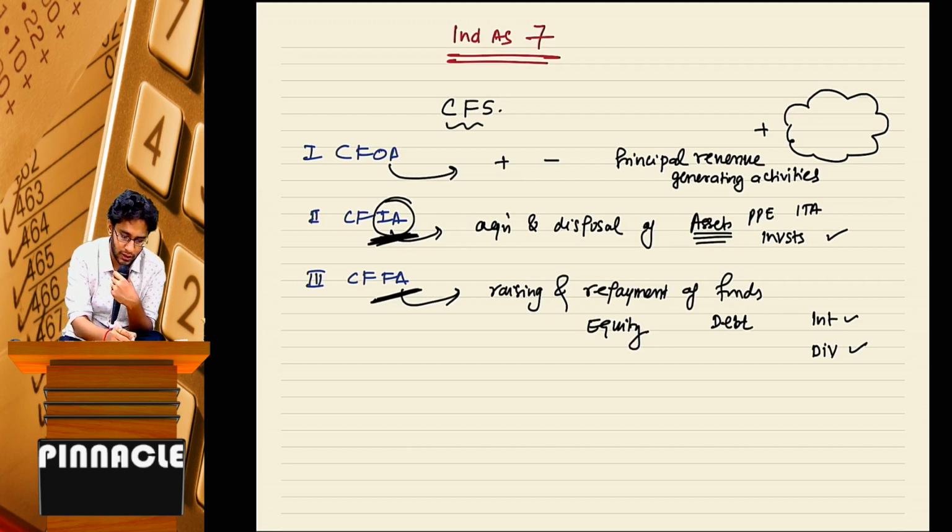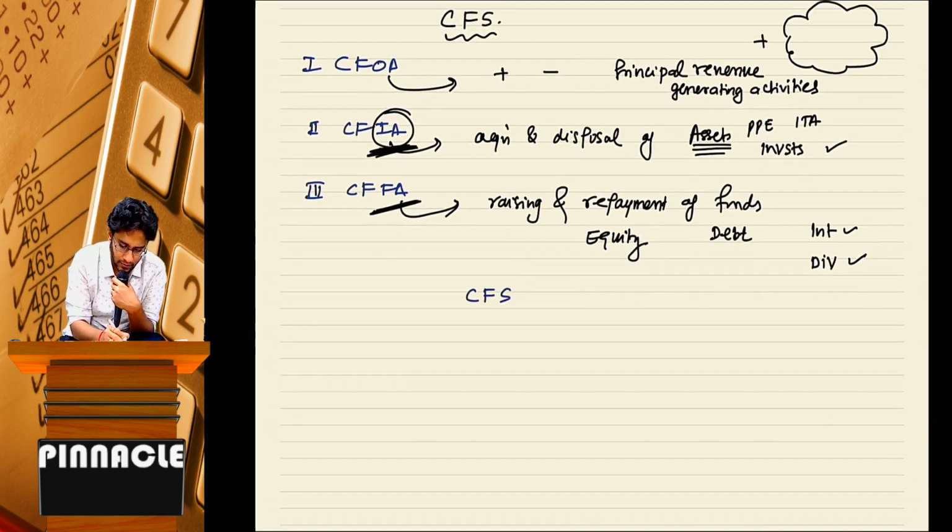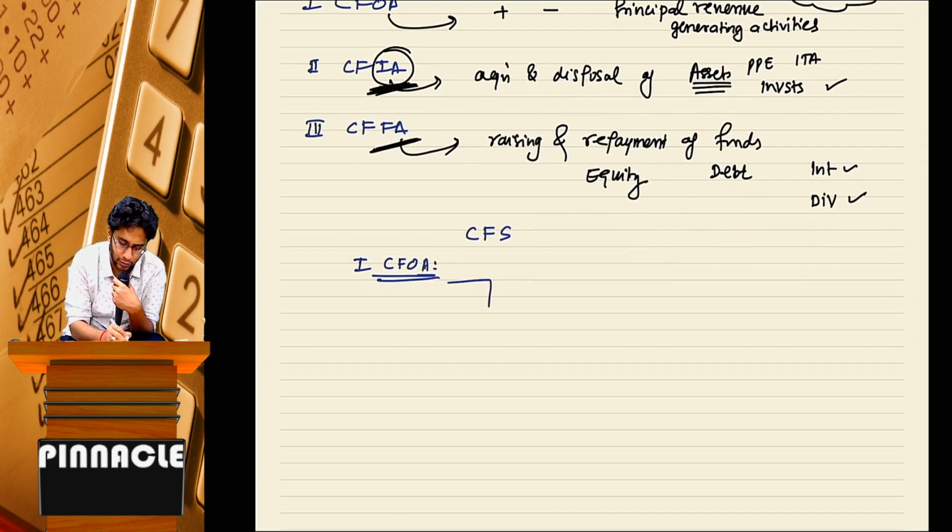Okay, now coming to the presentation of cash flow statement, how we used to have is, first we used to write cash flow from operating activities. For this cash flow from operating activities, basically 2 methods are there. One is direct method and the other is indirect method.